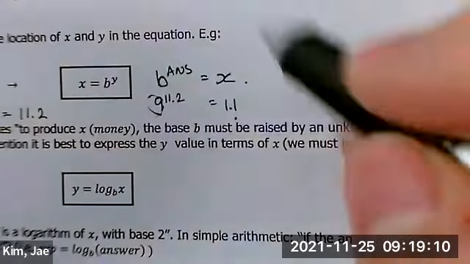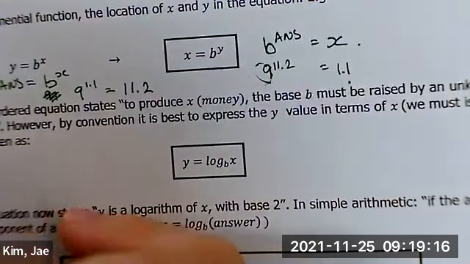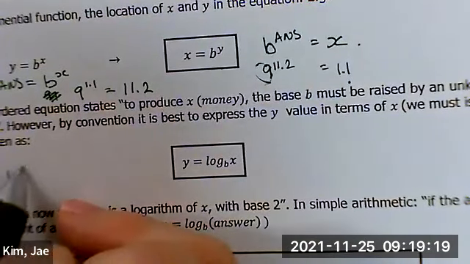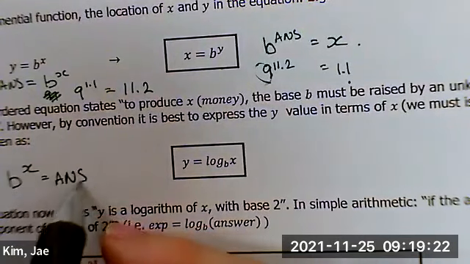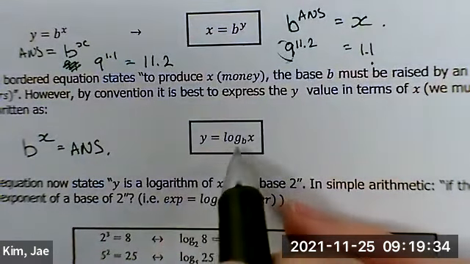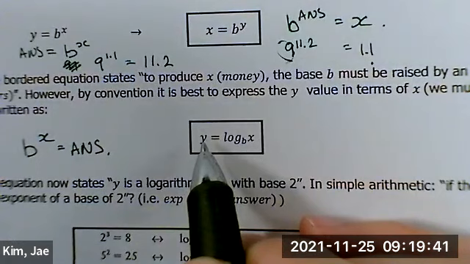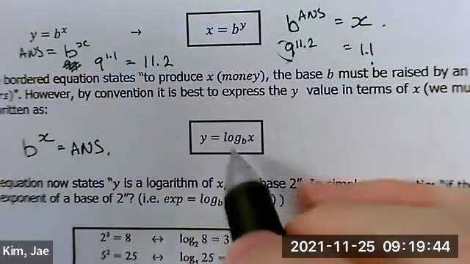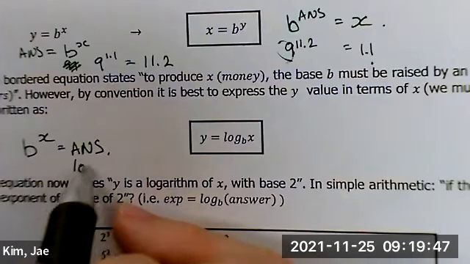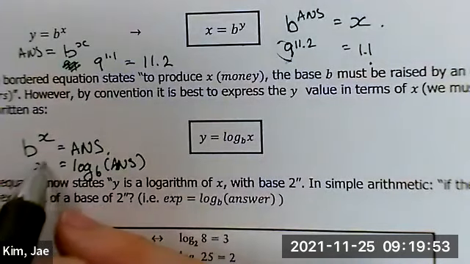If the base to the power of x gives me an answer, we can reverse it by doing something called a logarithm of my answer, and you will get the original exponent.